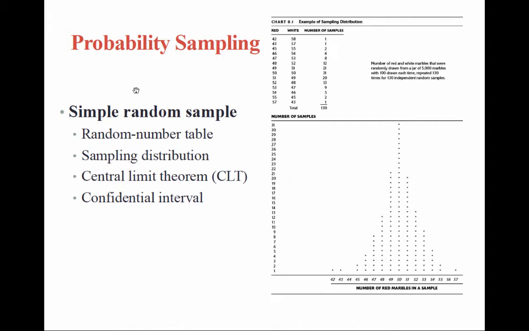Essentially, it would tell me how confident I can be about my population parameter. I have more confidence, as I draw more samples, that what I'm looking at reflects the entire population.